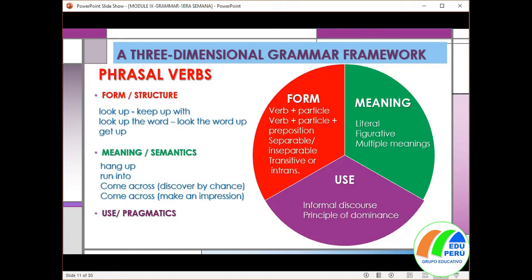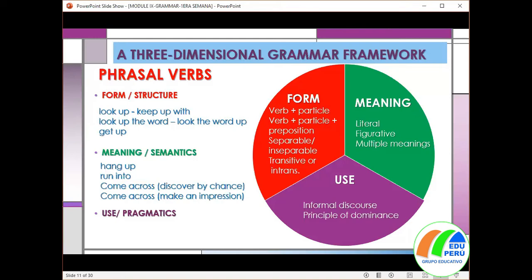Run, teacher, run. Yeah, it's the action of moving our legs at a fast speed, maybe to jog or to go in a fast way. This is the original meaning of run. But when you put it with into, you change this meaning completely. Run into, visit.